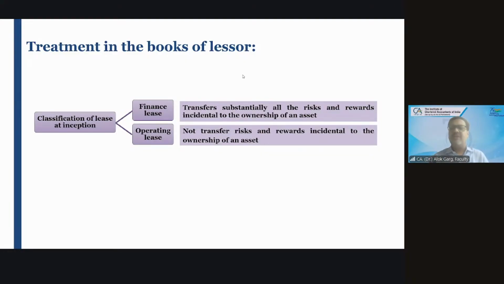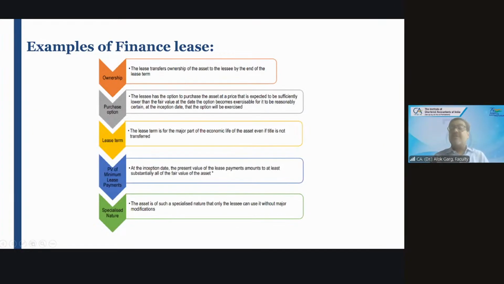Yeah, there are 5 conditions. First condition, ownership option. If the lease terms contain a purchase option, which means the lease transfers ownership of the asset to the lessee by the end of the lease term, then it is an indicator of a finance lease.